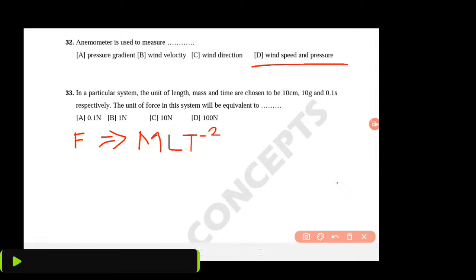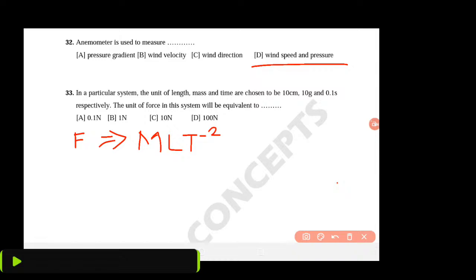M represents the dimension of anything that is measured in kilogram or gram or whatever. L represents the dimension of anything that is measured in centimeter, meter, and so on. And T represents the dimension of whatever is measured in seconds.